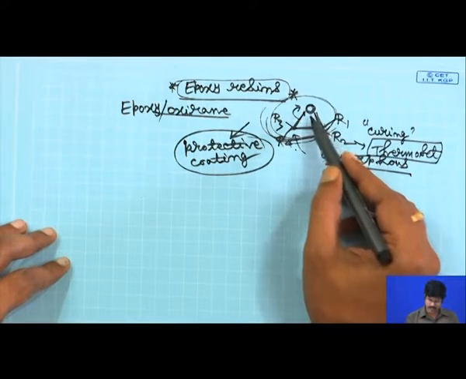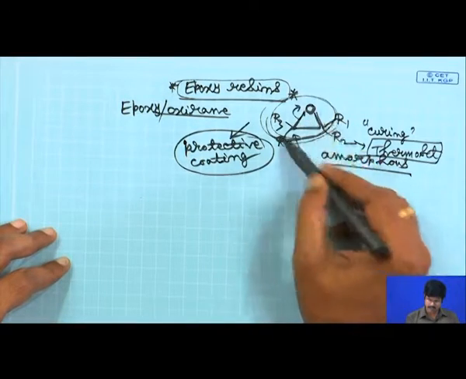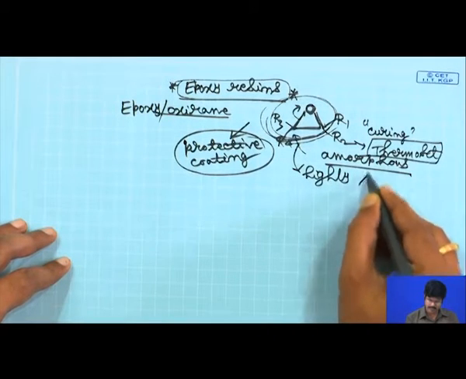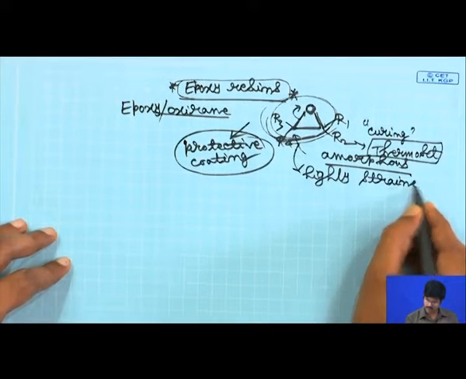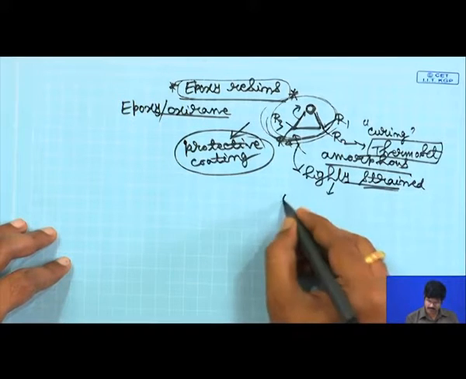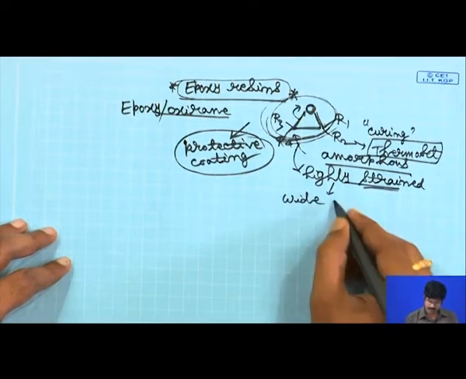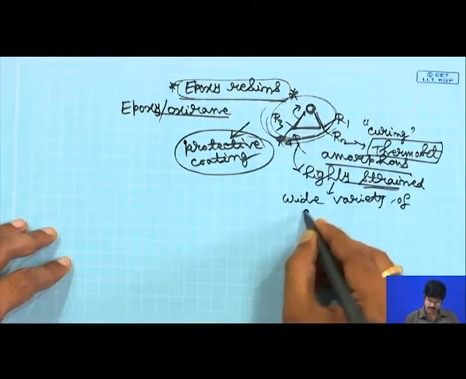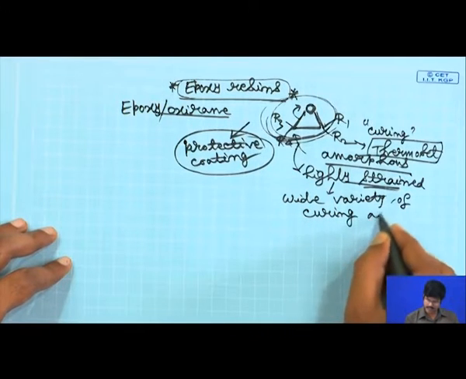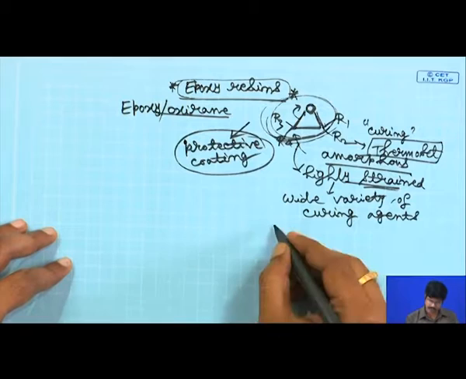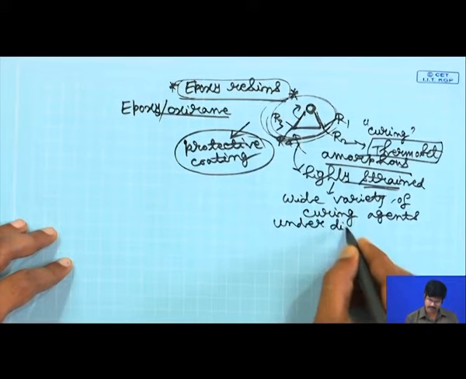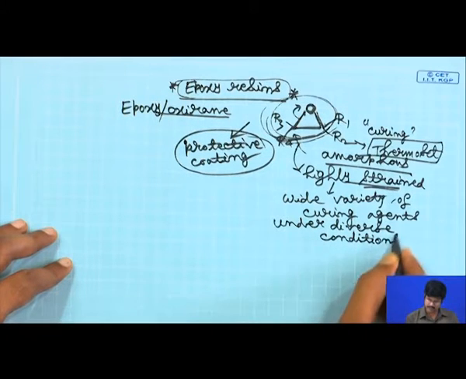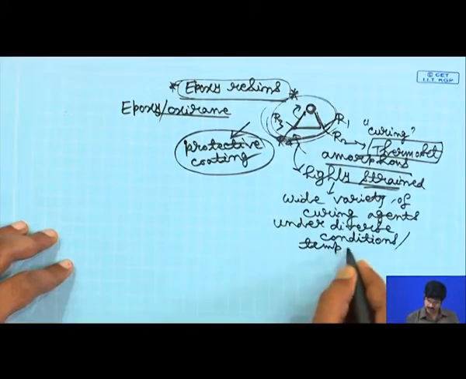and this is a 3-membered ring and an oxygen is present. So, this is a highly strained system. So, that is why they can react with a wide variety of curing agents under diverse conditions, different temperatures.